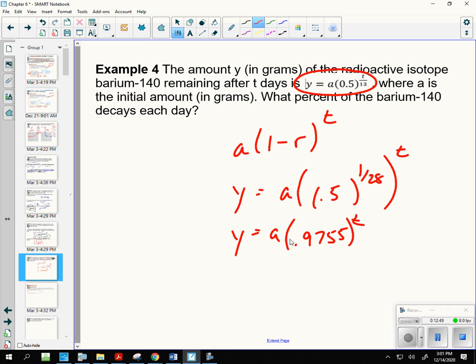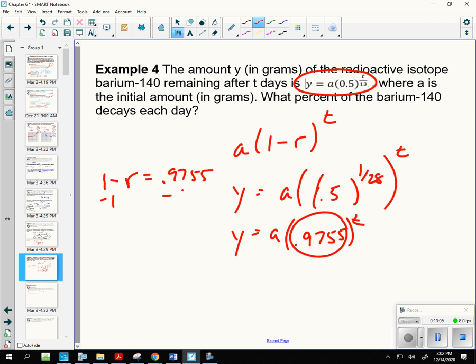So that changes everything. Notice that the number being raised to the t power is not 0.5, it's actually 0.9755. So that changes things when I start talking about 1 minus r equals 0.9755.